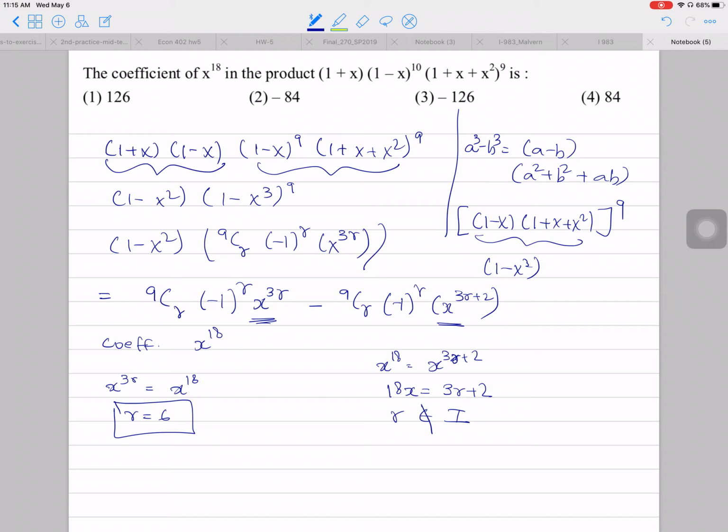The only coefficient is from this term when r is equal to 6. So then the coefficient would become 9C6 times (minus 1) to the 6, and 9C6 is basically equal to 9C3, which is 84. So our answer should be option 4, 84.